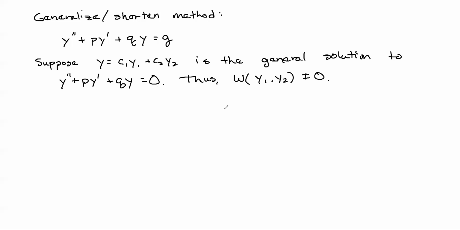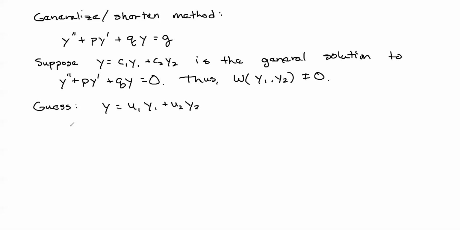Okay, once we've done that, we're following the same steps. If you go back and compare the steps that we used to solve the specific problem we had earlier, with a bunch of P's and Q's and G's all plugged into this, we're following the same set of steps. So next we guessed that y equals u1 y1 plus u2 y2 could be a solution for some u1 and u2 that we would need to solve for.